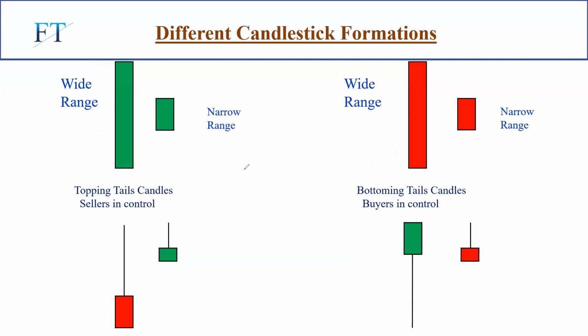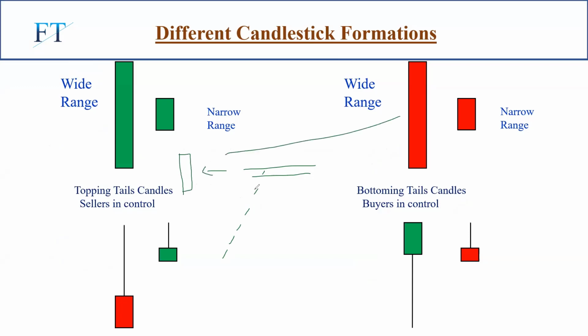strategies. So for example, we have a resistance zone here, right? Let's say prices kept on rising and hit this resistance zone, where we have a big red bar like this to the left.